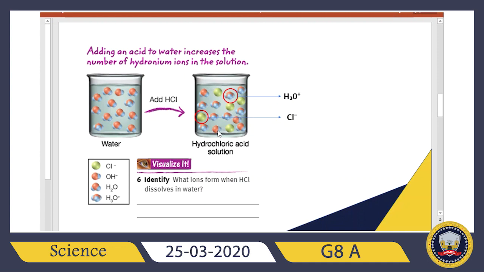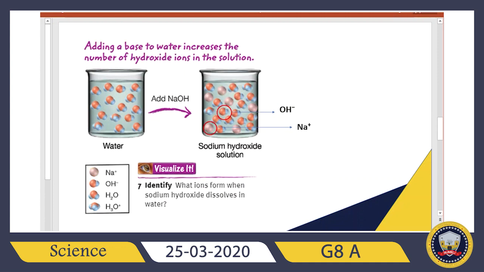One hydrogen, one oxygen. Or if we dissolve a base, sodium hydroxide, this sodium hydroxide solution will have more hydroxide ions than hydronium ions, okay? And it will also have sodium ions.